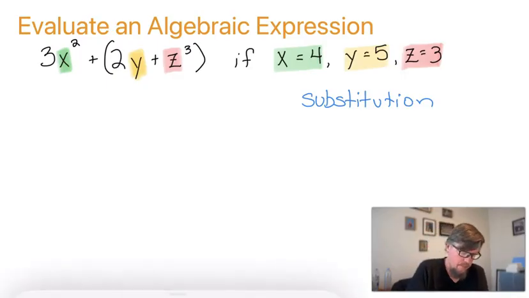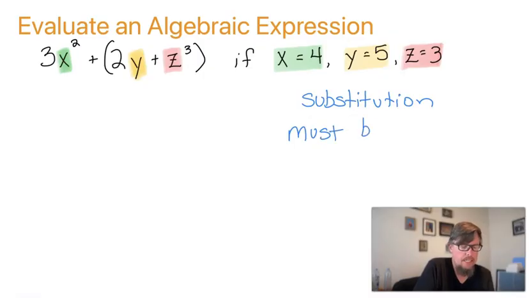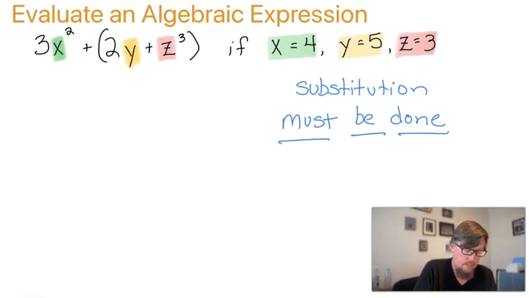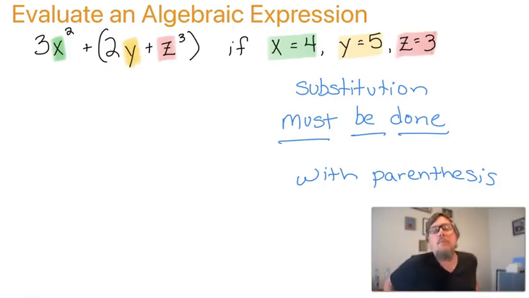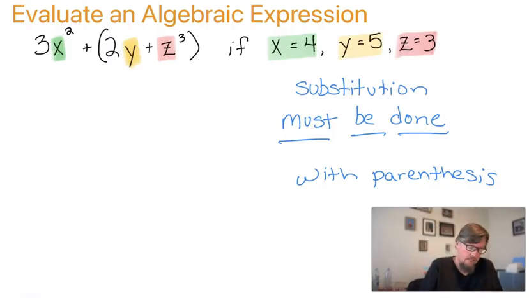Now, when you substitute, substitution must be done with parentheses. What I mean by that is whenever I put this 4 down in place of the x, I'm going to put the 4 in parentheses.